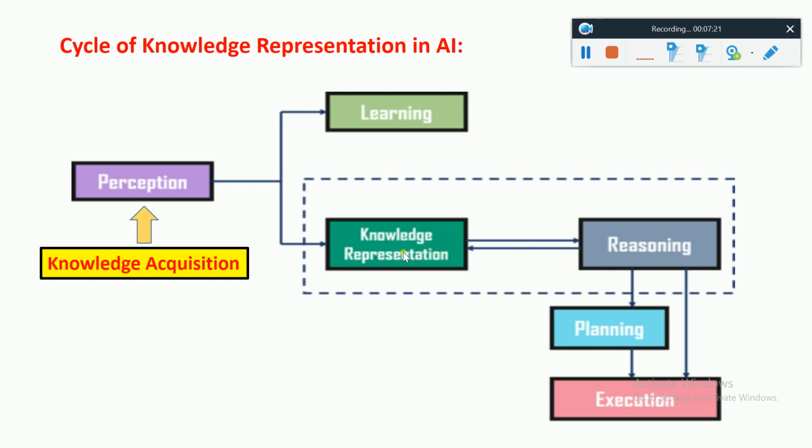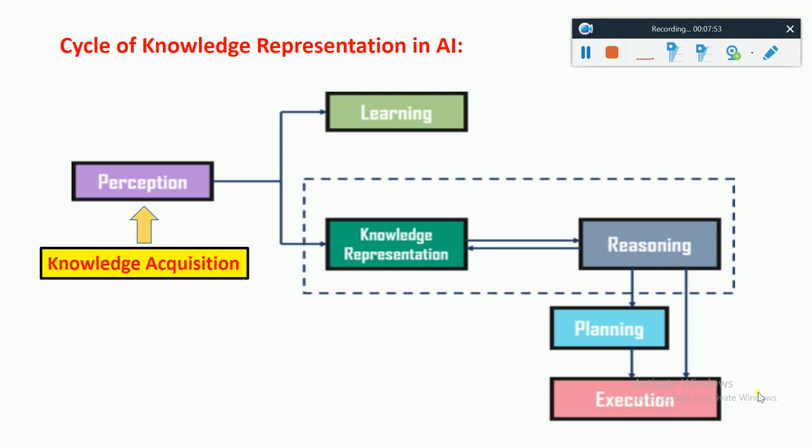Knowledge representation and reasoning are actually correlated. Here, reasoning is the process to reach some conclusion after having all the knowledge. Reasoning basically is a computational mechanism that allows knowledge to be manipulated in a logical way. So, this is knowledge representation and reasoning.